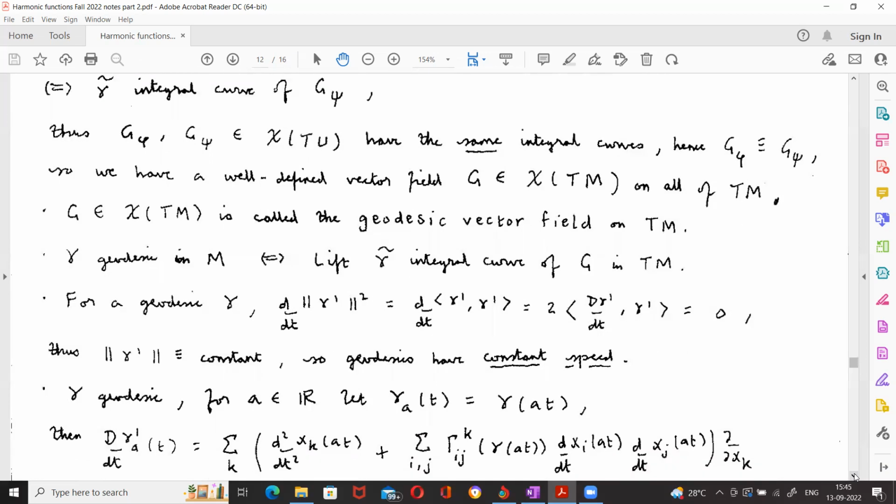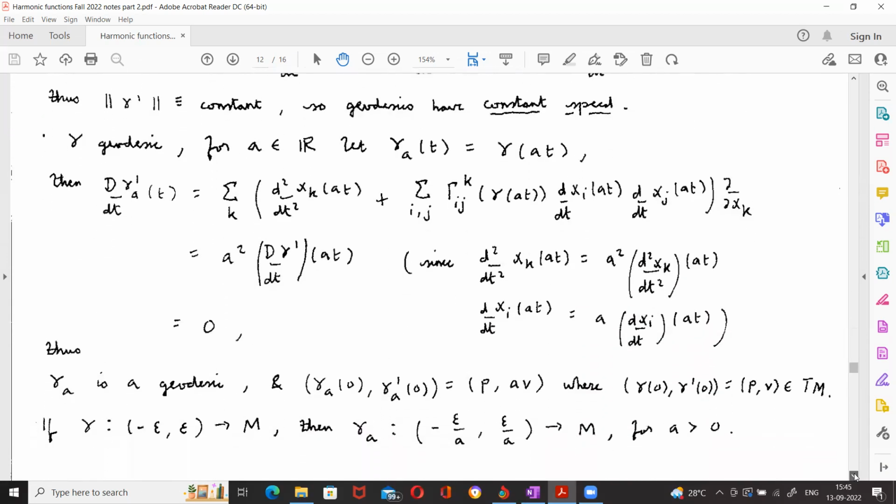And now, here's an important property of geodesics: any rescaling of time of a geodesic gives you a new geodesic. Suppose gamma is a geodesic, and for a real number a, let me look at the curve gamma sub a of t, which is gamma of at. The claim is this is also a geodesic. That's just a computation.